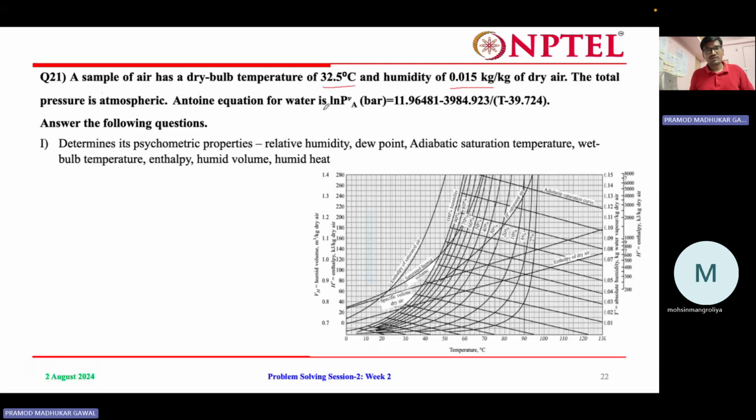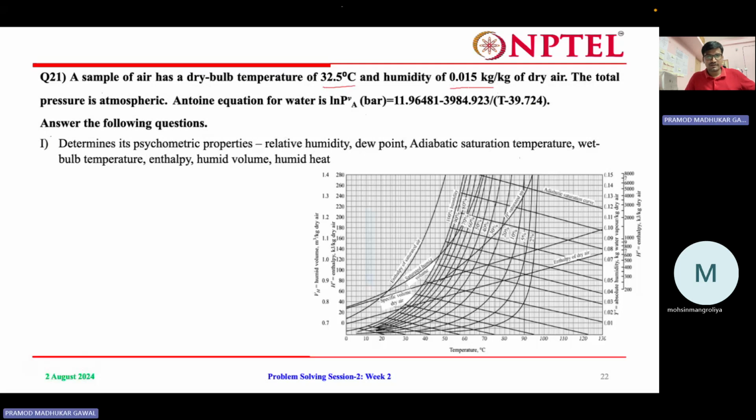The Antoine equation for water is ln Pa with unit bar. This equation is given, right? Answer the following question: first determine the psychrometric properties like relative humidity, dew point, adiabatic saturation temperature, wet bulb temperature, enthalpy, humid volume, and humidity.